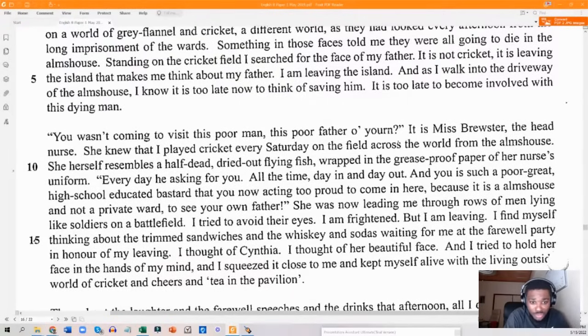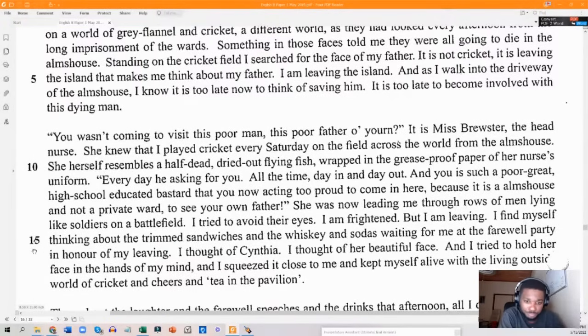She was now leading me through rows of men lying like soldiers on a battlefield. I tried to avoid their eyes. I'm frightened, but I'm leaving. I find myself thinking about the trimmed sandwiches and the whiskey and sodas waiting for me at the farewell party in honor of my leaving.